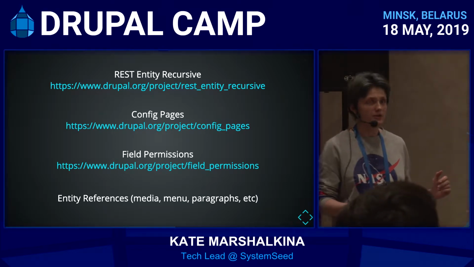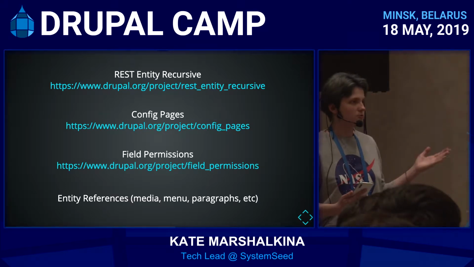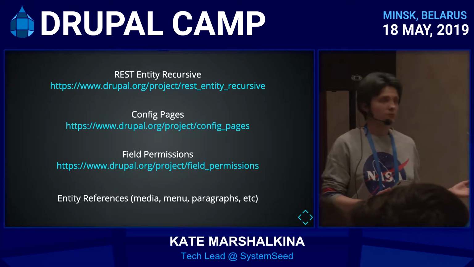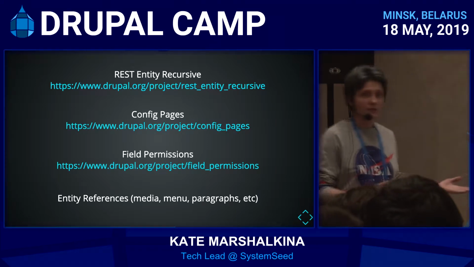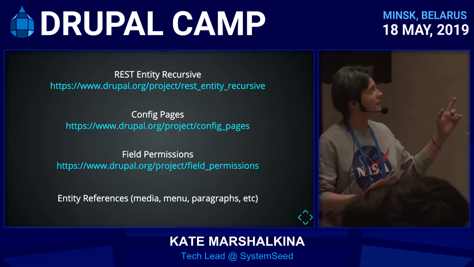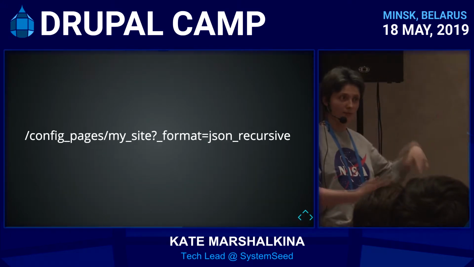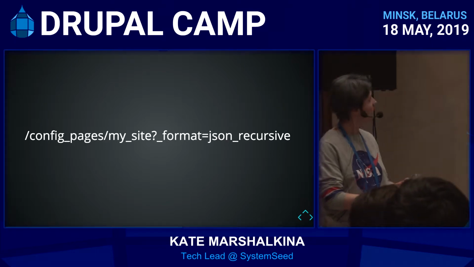Then you, as a developer, can create as many fields using Drupal Core as you need. For example, if you need a logo, you just create a media entity reference field. If you need a menu, you create a menu entity reference field, and REST entity recursive will figure out how to expose that menu. And if your menu links have fields, it will also figure out how to expose them.